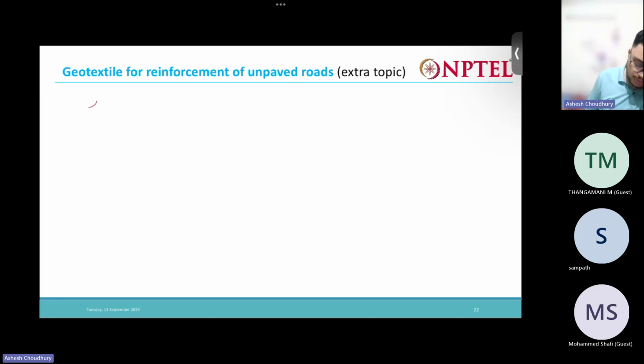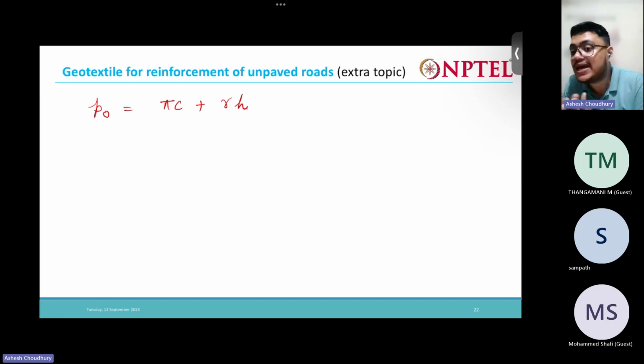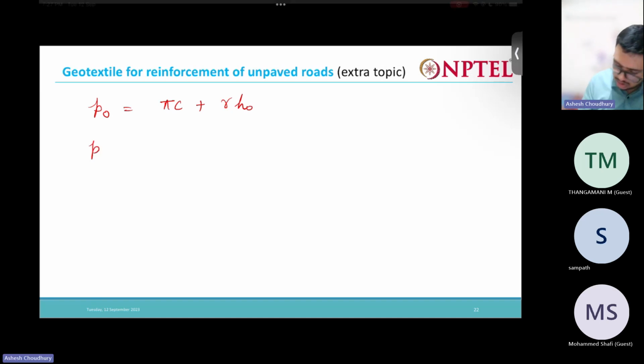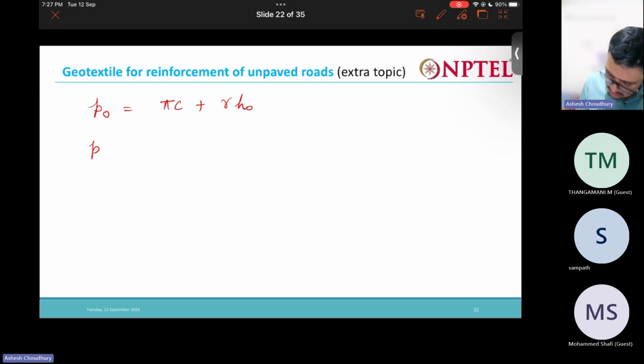So we equate P naught to the elastic limit of the soil plus gamma into H naught. But when we are using reinforcement, this limit actually gets increased.